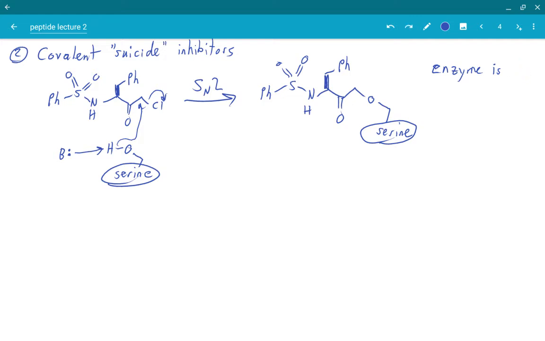We can rewrite that. So unlike the ester that we saw in the real case, there is now no way to regenerate the starting serine.